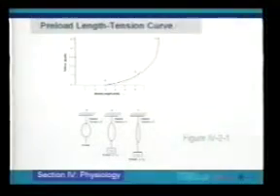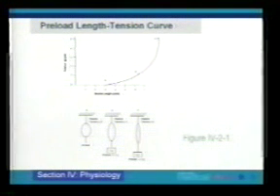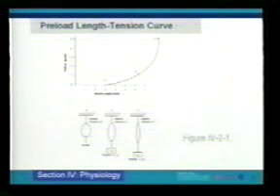Now, the very important aspect to understand here will be length tension curves. Now, we'll develop these very carefully. Boards will probably not test length tension curves of skeletal muscle, but you have to be able to apply these curves to cardiac muscle. This material is the prerequisite material to understand cardiac muscle.